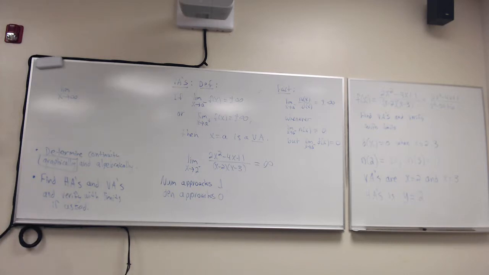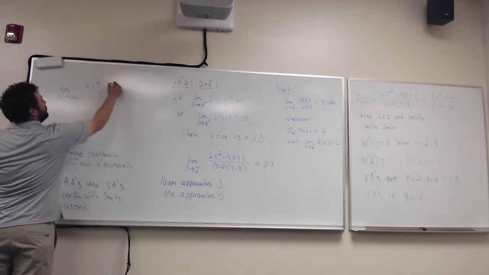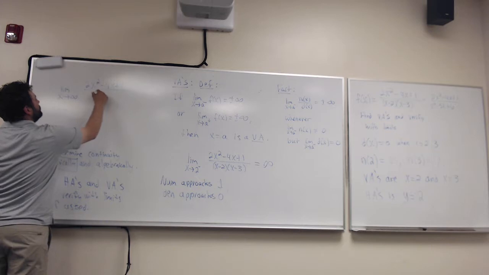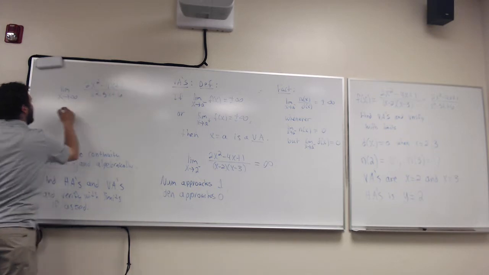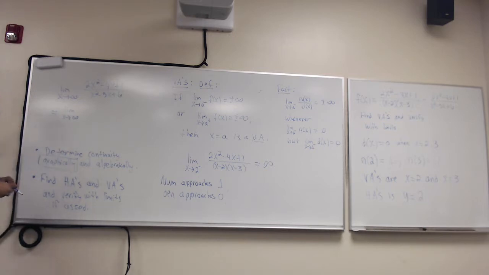And then, I guess it's almost kind of silly to verify that with a limit, because a horizontal asymptote is something the graph approaches as x gets really large or gets more and more negative. So taking a limit of a function as x approaches infinity, if that equals a finite value, that gives you the horizontal asymptote. Now, what's the main rule at an infinite limit of a rational function?